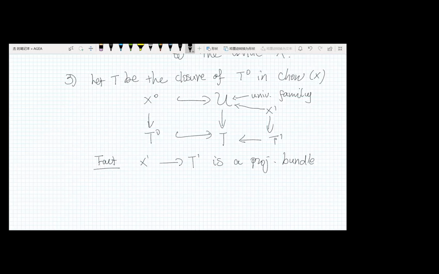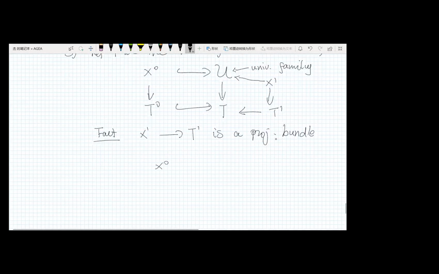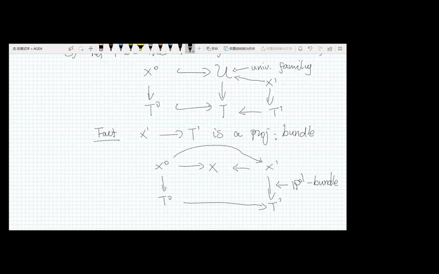So basically, we have the following diagram here. This is a subset of X, and you take X prime and T prime here, and this is a subset of T prime. This is a subset of X prime also, and you can take this to be a projective bundle. Right now, any question?